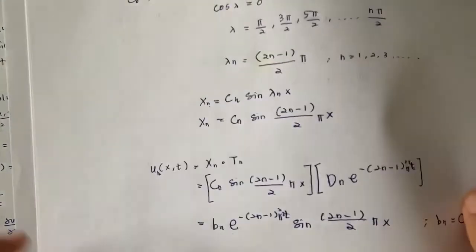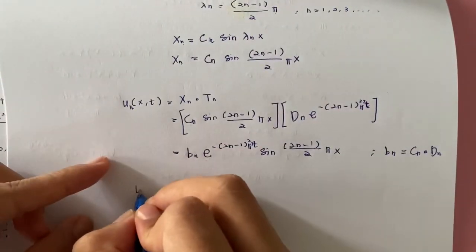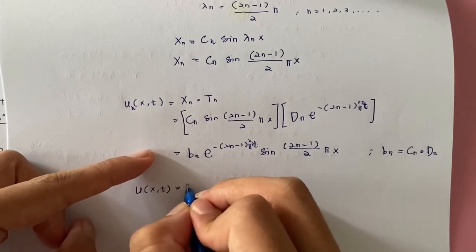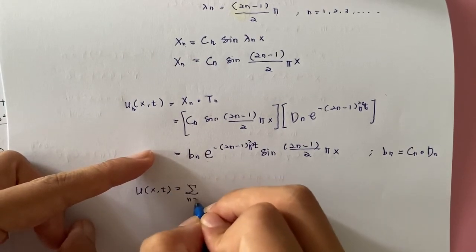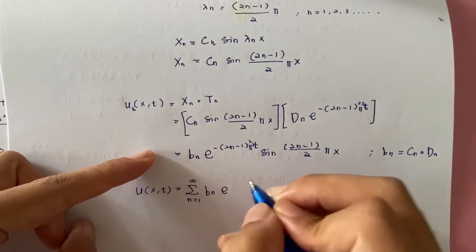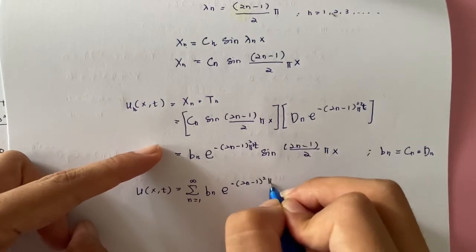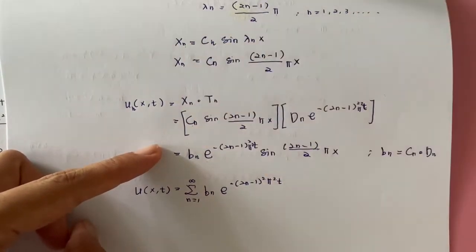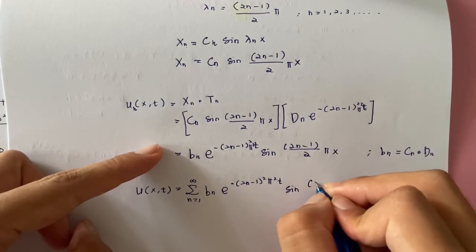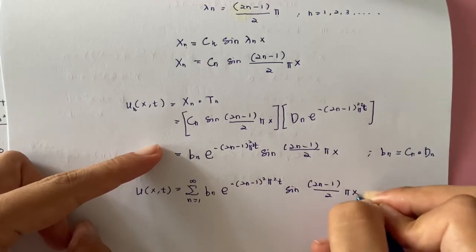Okay, so from un(x,t), we can write this as summation. So u(x,t) is equal to summation n from 1 to infinity Bn exponent minus 2n minus 1 square pi square t, sine 2n minus 1 over 2 pi x.